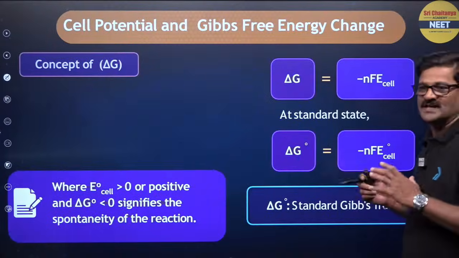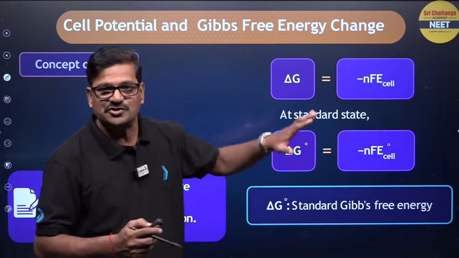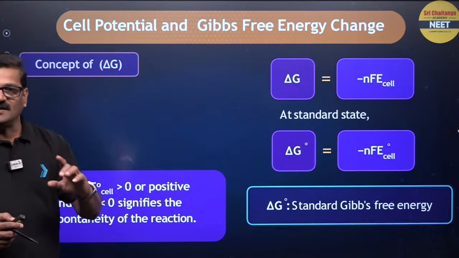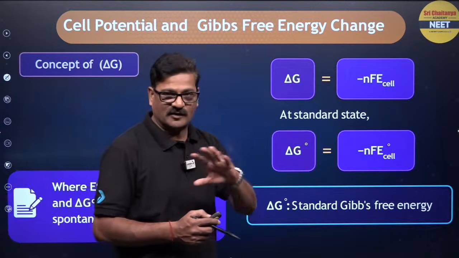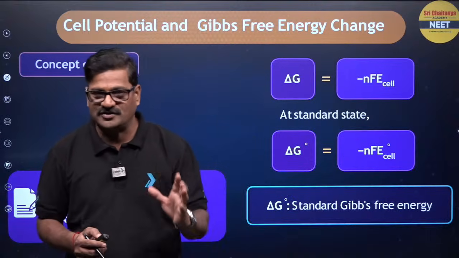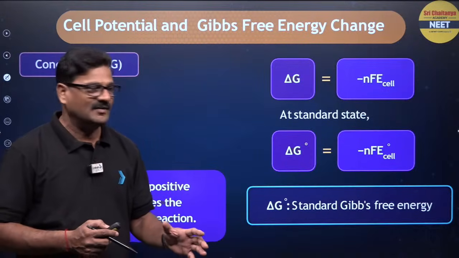That's good. Now let us see. The cell potential and Gibbs free energy change are related as delta G naught is equal to minus nF E naught cell. n is the number of electrons involved in the electrochemical redox change, F is the Faraday charge 96500, and E naught is the cell potential.